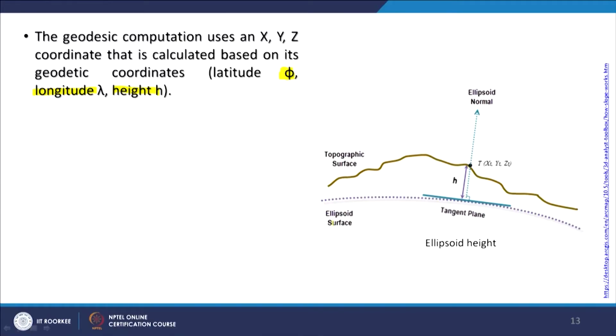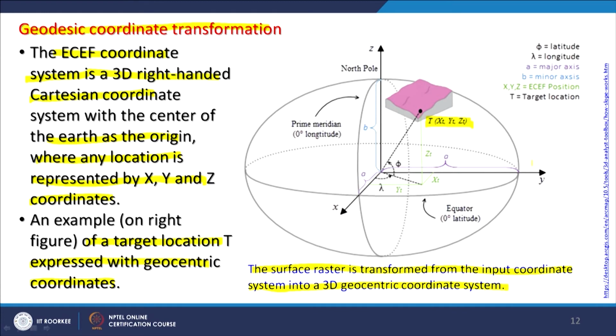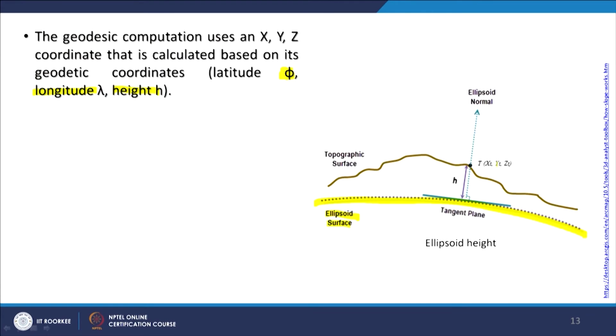Like here, this is the ellipsoid surface which you are seeing, and what you are basically calculating, the T we just discussed in the previous figure, with x1, y1 and z1, is what we are getting above the topographic surface. But is that height perpendicular to the tangent plane which is just touching this ellipsoid surface?